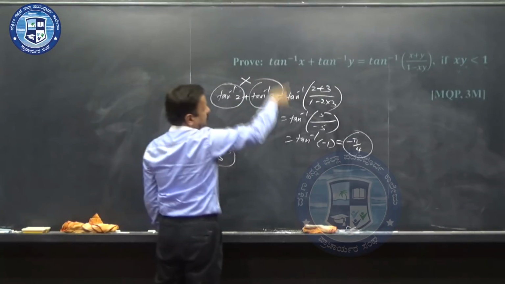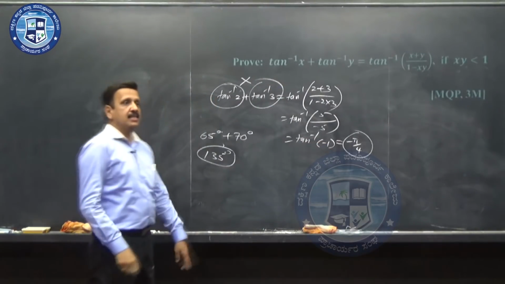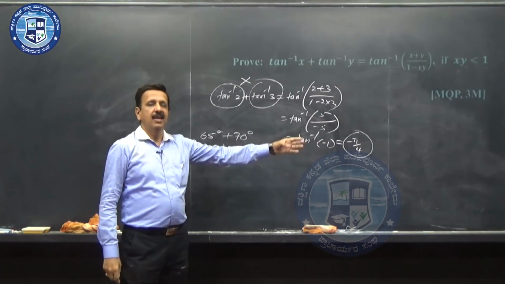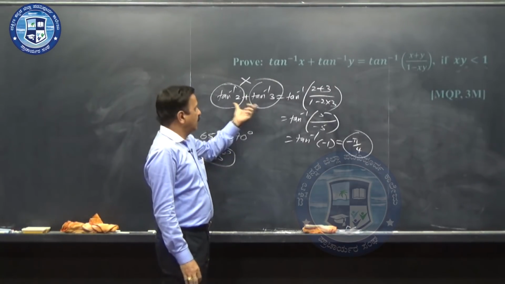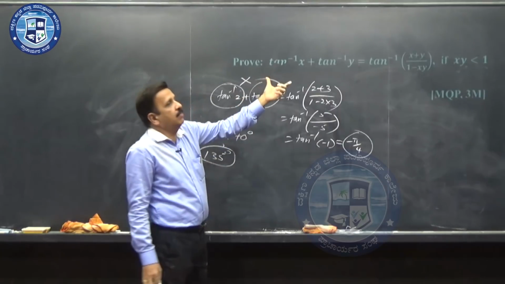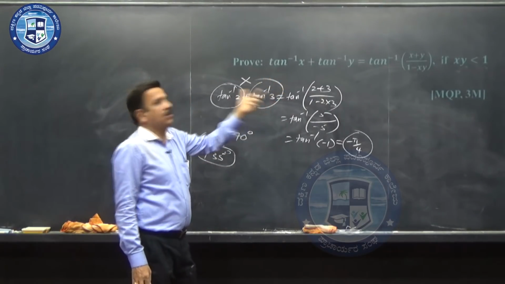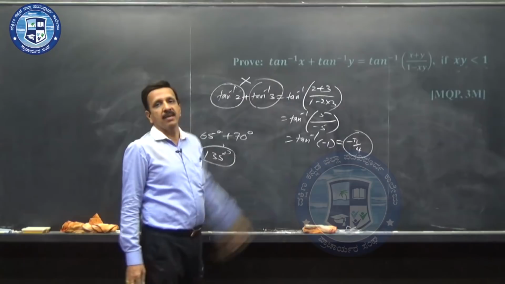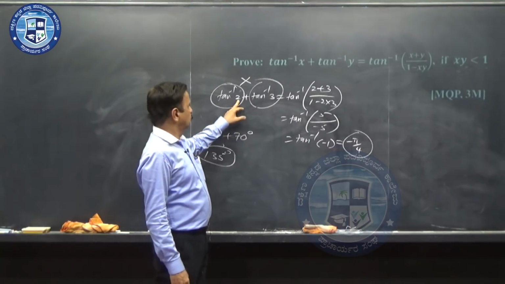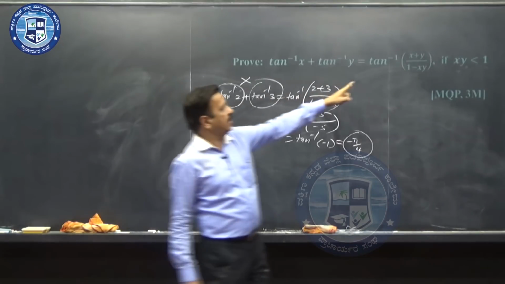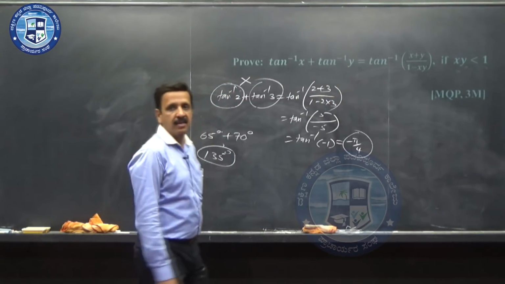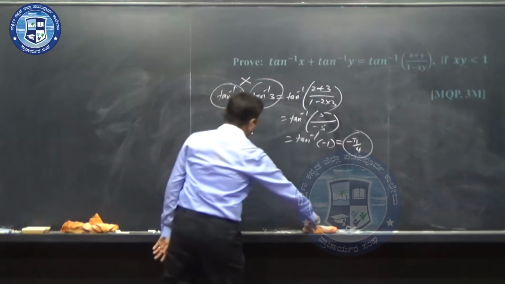But if you use the formula, you will get the result as minus 45 degree, which clearly says that you can't use this formula with this data, because x is 2, y is 3, xy is 6. It does not satisfy that condition, xy must be less than 1.